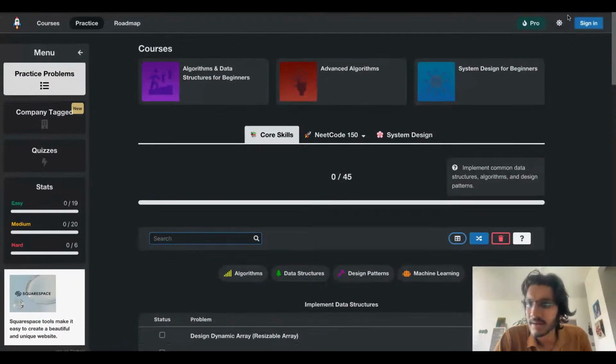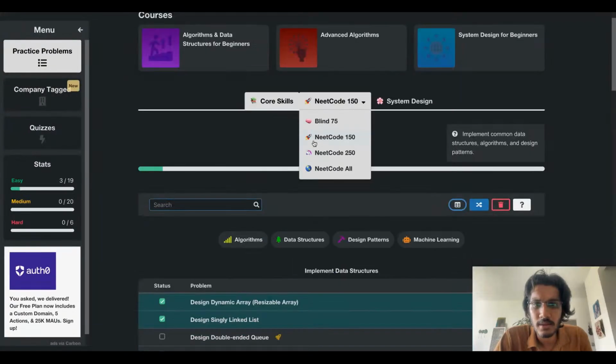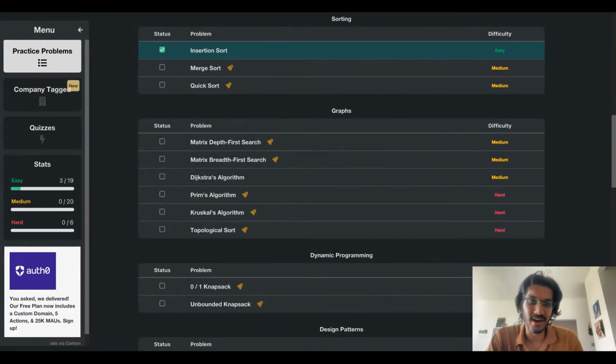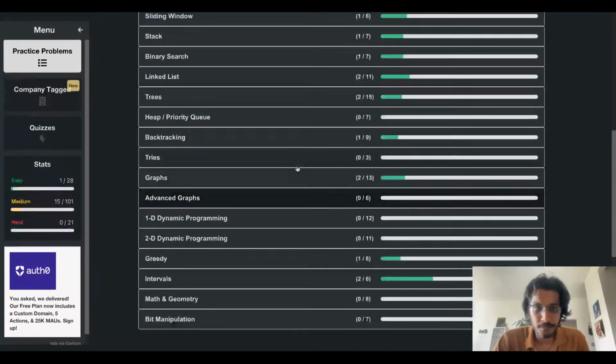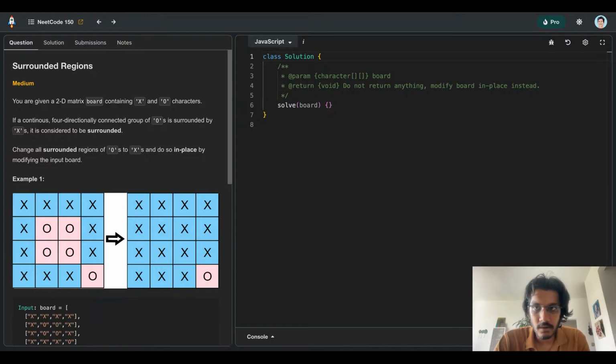It was definitely tracking. Maybe GitHub? Yeah, I think I was logged in. Great. Okay, what should I do? Let's do graphs. Graphs are always fun. LeetCode 130. Let's do Surrounded Regions. Great.